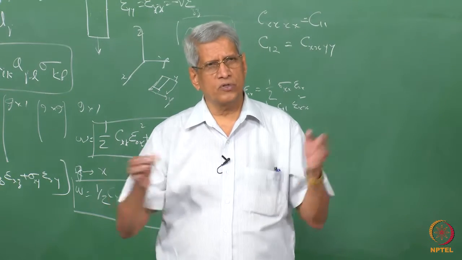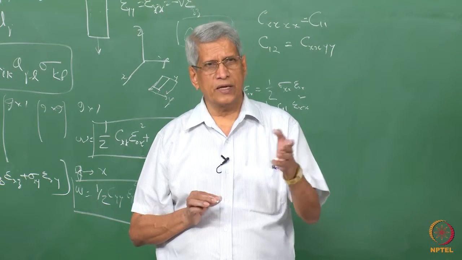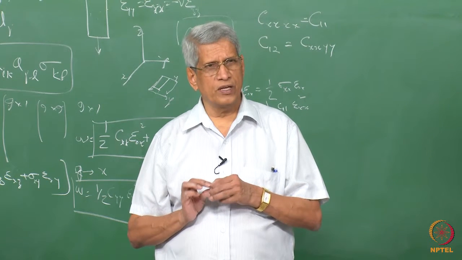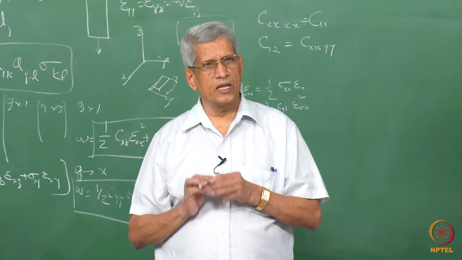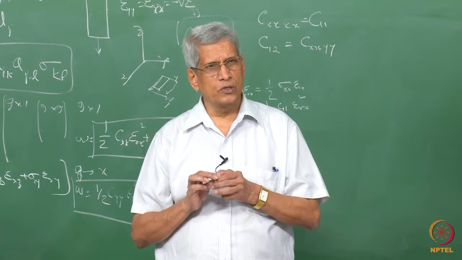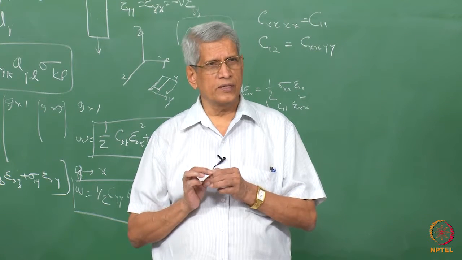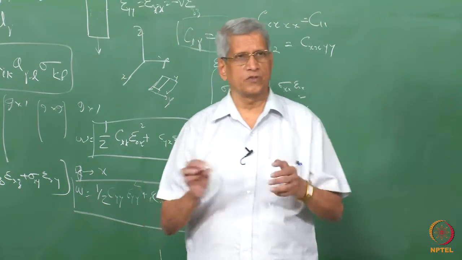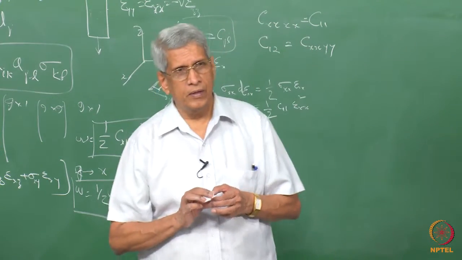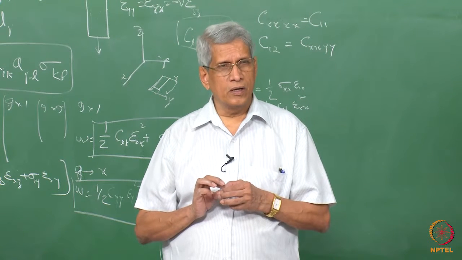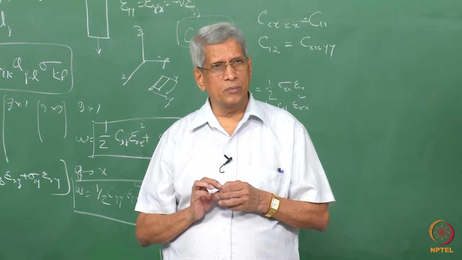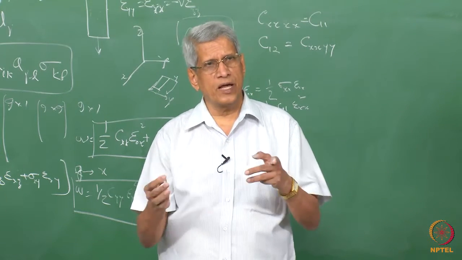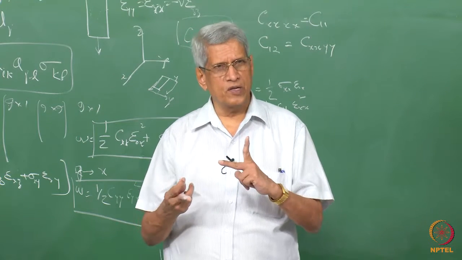Finally, most of the crystal systems which we use are cubic, where we require essentially 3 independent components, that is C11, C12 and C44. These are the only components of the stiffness coefficient matrix which will remain. The more symmetry elements there are, the number of independent components gets reduced, because in those directions, because of the symmetry, they have to be the same.